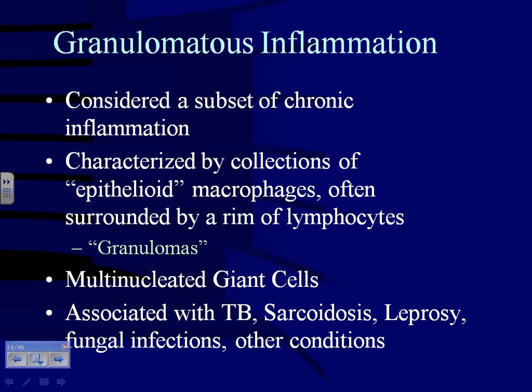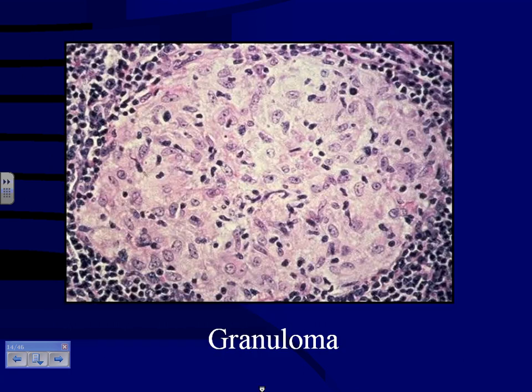They often have engulfed cellular debris within them, whereas the epithelioid macrophages don't tend to be phagocytic. The multinucleated ones do. Granulomatous inflammation can be seen in a number of inflammatory conditions, including more common things such as tuberculosis, sarcoidosis, leprosy, fungal infections, and some other infectious conditions.